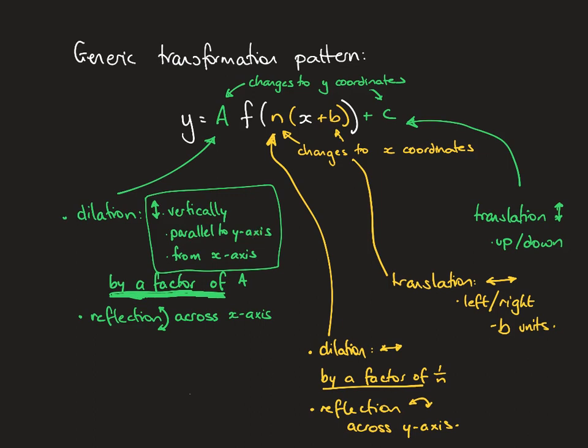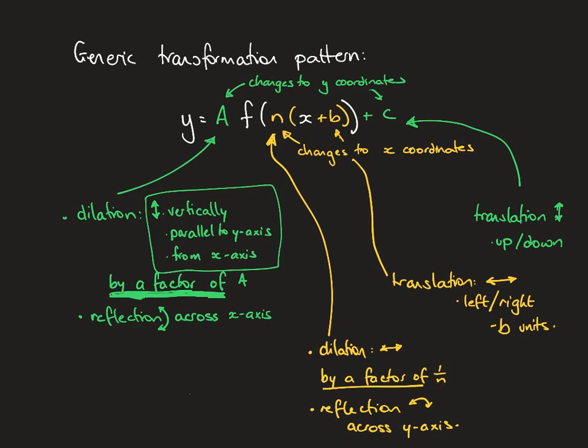Parallel to the y-axis here becomes parallel to the x-axis, and from the x-axis becomes from the y-axis. Whichever way you describe it, you have to get this direction correct. You also need to, again, use by a factor of, and it's complicated because it's actually 1 on n.